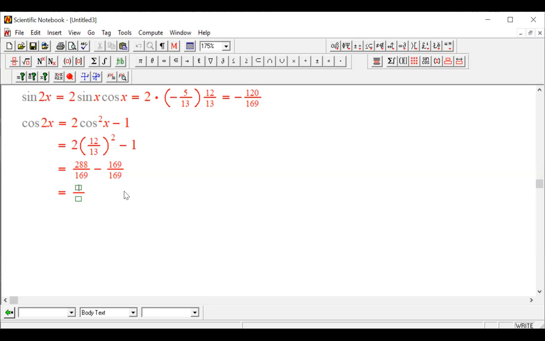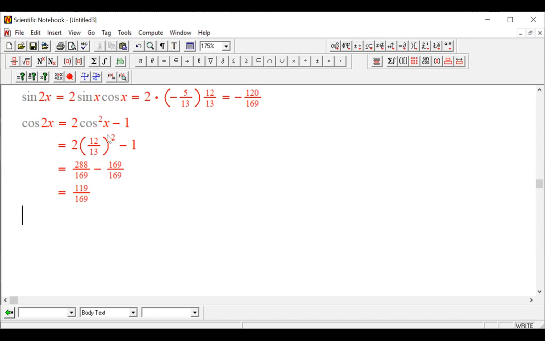So in this case, 288 minus 169, so 169 in the bottom, 288 minus 169. Okay, so just let the calculator do the work.